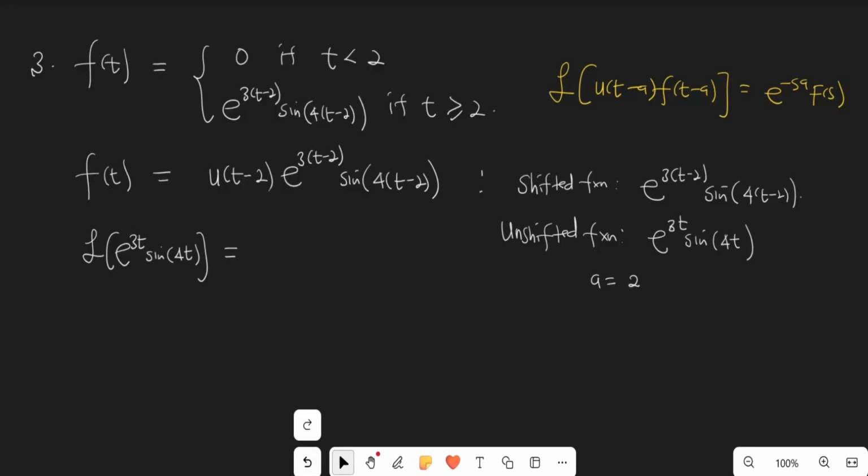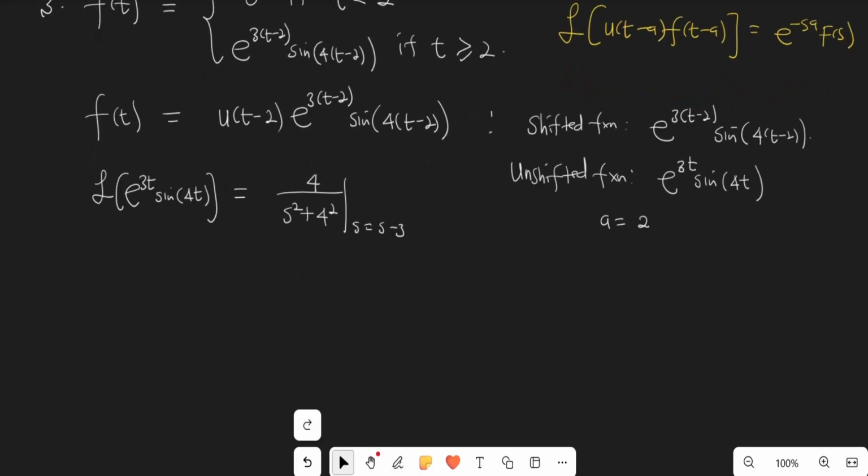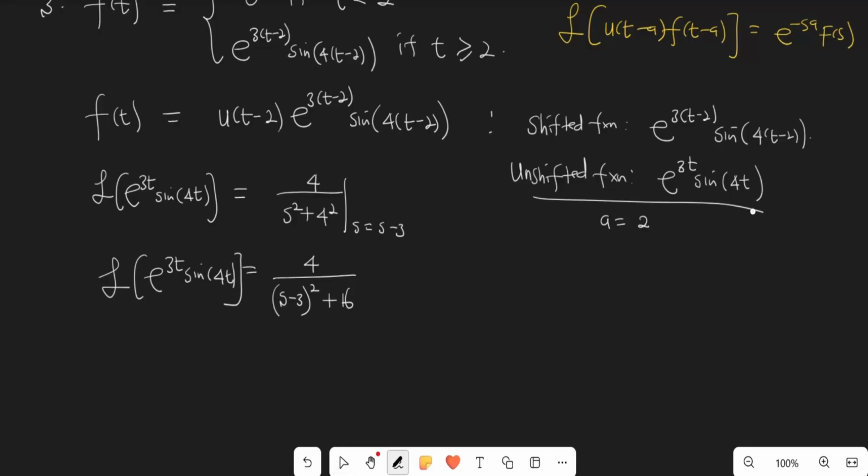The Laplace transform of sine of 4t is 4 divided by s squared plus 4 squared, but we replace s with s minus 3. So this is 4 divided by s minus 3 all squared plus 4 squared, which is 16. This is the Laplace transform of e to the 3t multiplied by sine of 4t, the unshifted function.